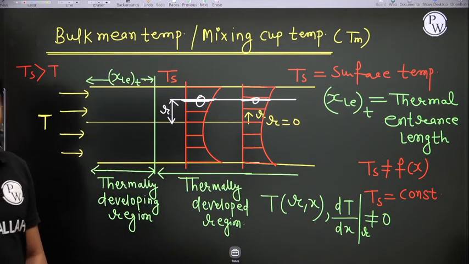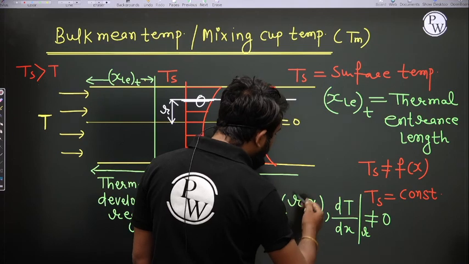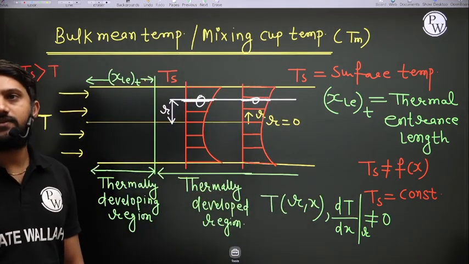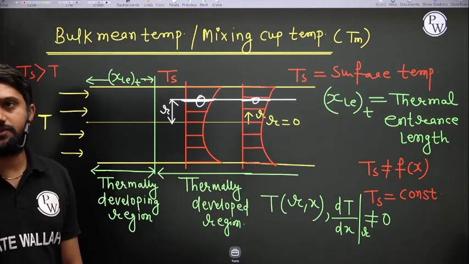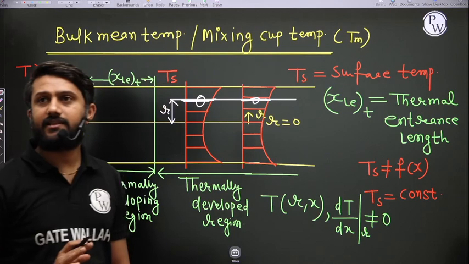Is it fine? That's why we can say T is a function of R and X both, in the thermally developed region also. So we can't write this in the thermally developed region.